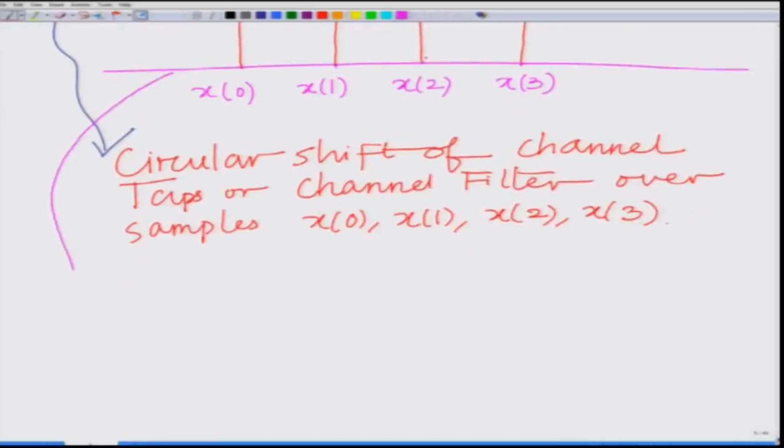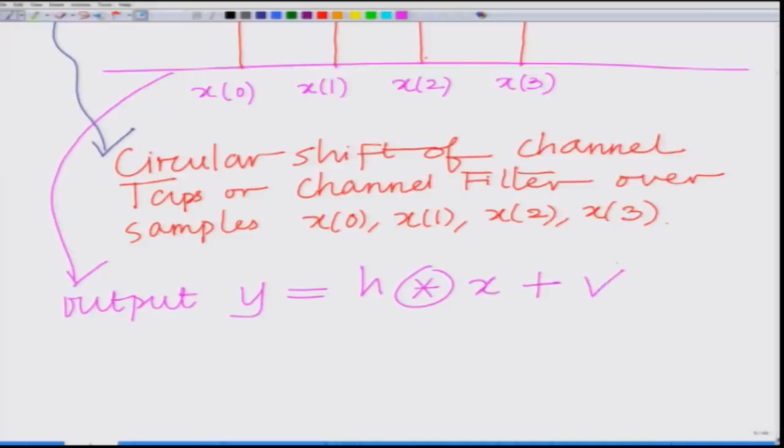So the output y equals h circularly convolved with x, plus, of course, the noise v. This represents your circular convolution.